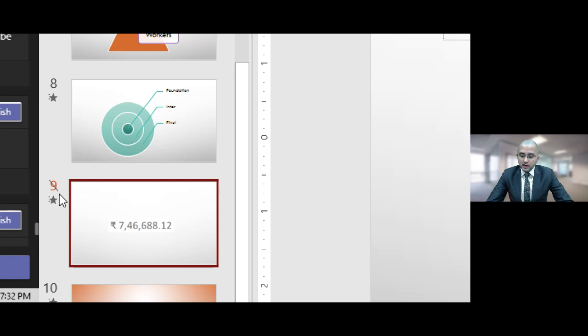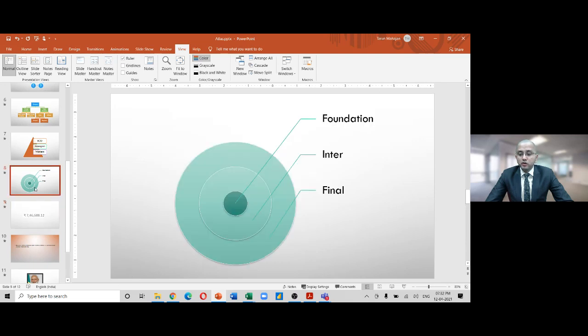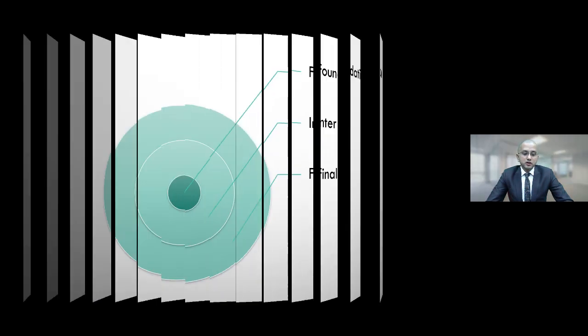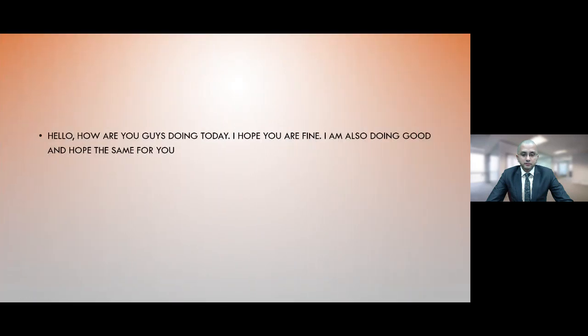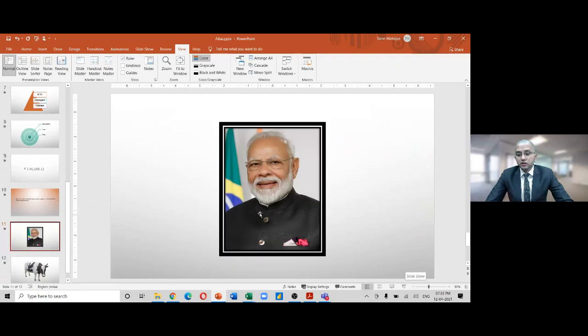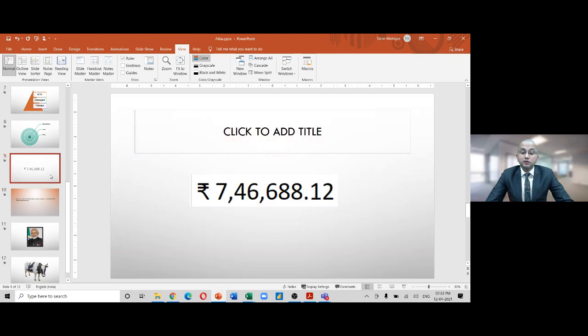So what do you mean by hide the slide? I am still able to see it. See, you are not currently in the presentation mode. When you go into the presentation mode, it will actually hide. So like here, if I start the PowerPoint presentation and I click to the next, after this, directly this slide was shown and the hidden one was not shown.